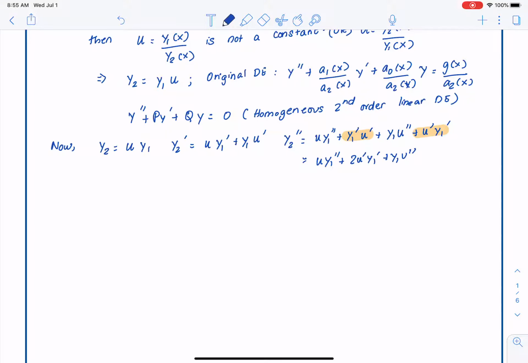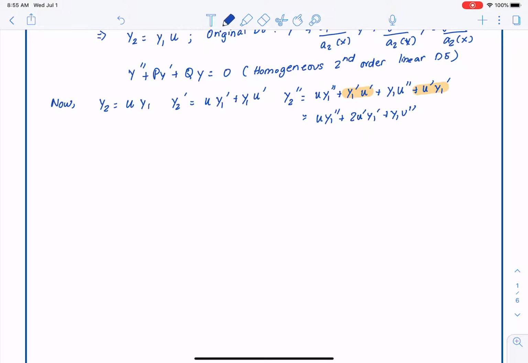Now, since y2 is a solution, it would satisfy the differential equation. We've seen this time and time again. So I'm going to take y2 and plug it in the original DE.